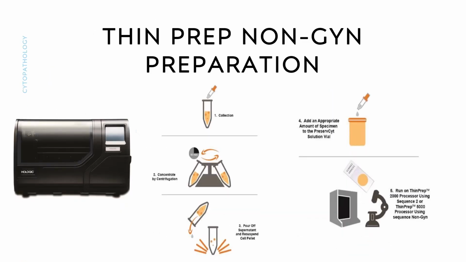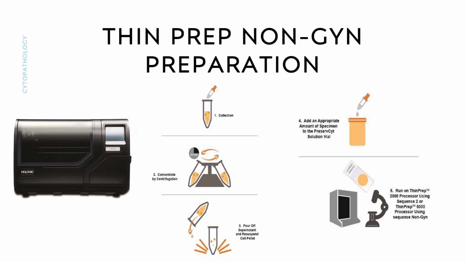Okay, so we have the thin preparation. First, you have the collection of the sample, and then you concentrate using centrifugation for 10 minutes. Number 3, you pour off the supernatant, and then you resuspend the cell pellet. 4, you add an appropriate amount of specimen to preservative solution vial.